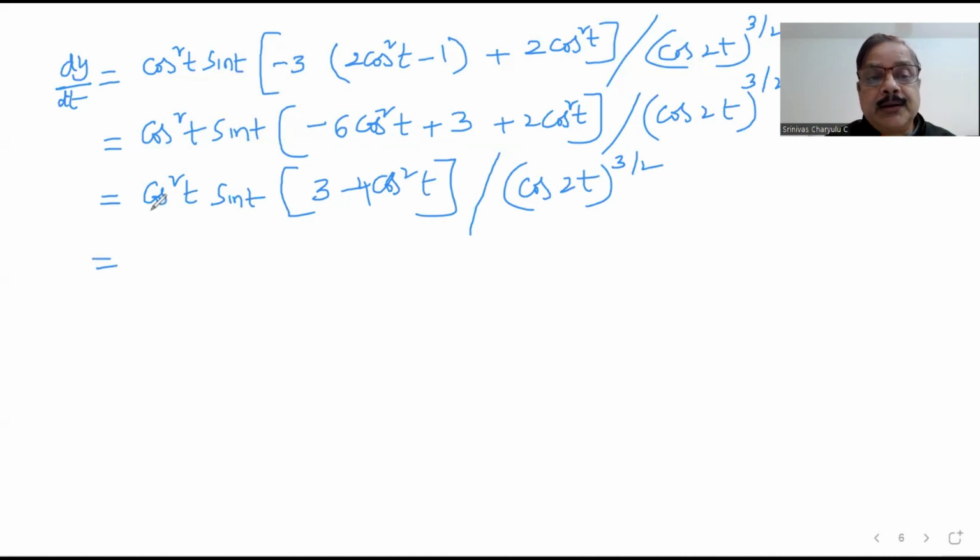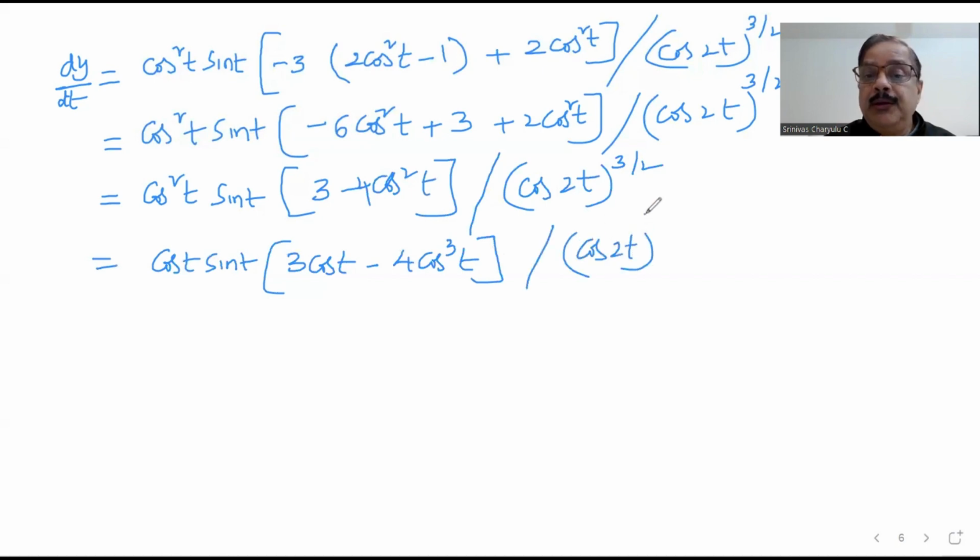So now you send cos inside. If you send inside, what will happen? Here cos t sin t will remain, 3 cos t minus 4 cos cube t, whole thing divided by cos 2t whole to the power of 3 by 2. So cos 3t formula we are knowing, 4 cos cube t minus 3 cos t.